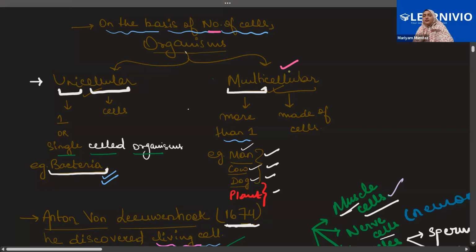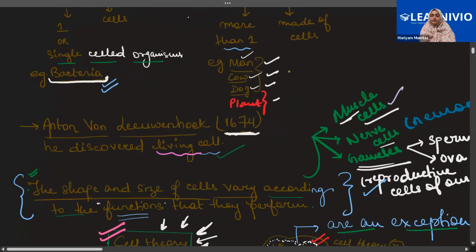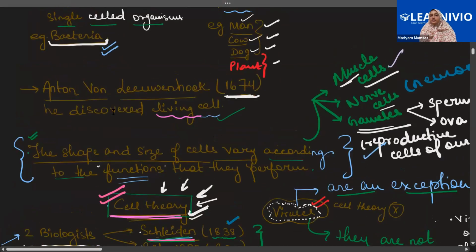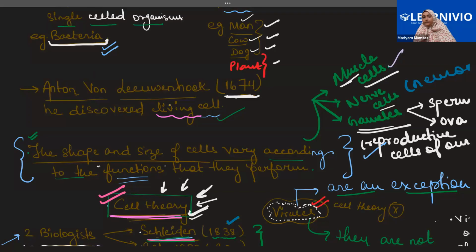So plants, animals, humans, fungi, all of those come under the multicellular category. Like I told you, Anton von Leeuwenhoek in the year 1674 discovered the living cell.